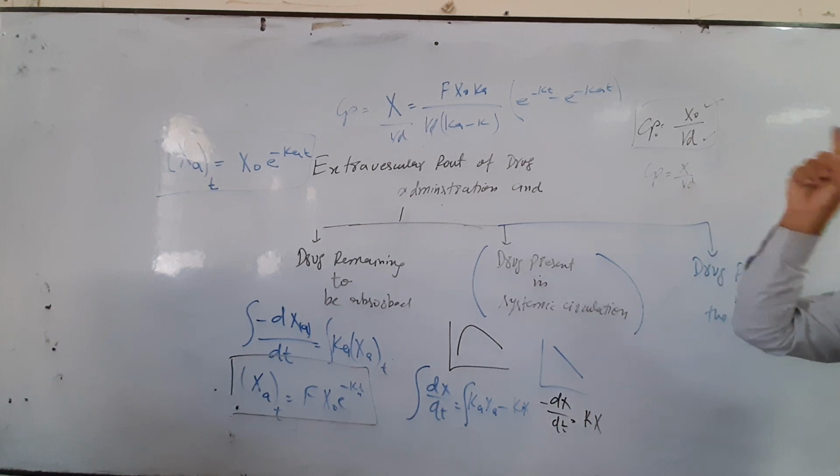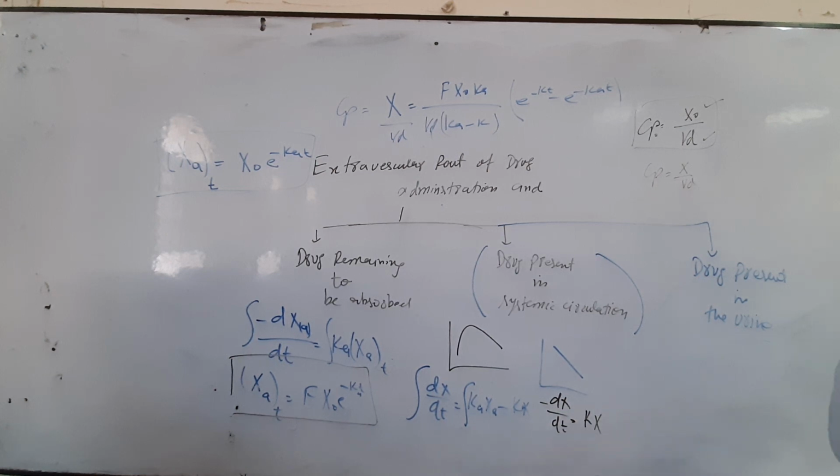Remember, with D or X, we are using the amount of drug, and the units are milligram. I have already told you in your previous classes. The other symbol is Cp, the plasma drug concentration, and its units are milligram per liter, microgram per ml, milligram per deciliter. These are basically the Cp units.